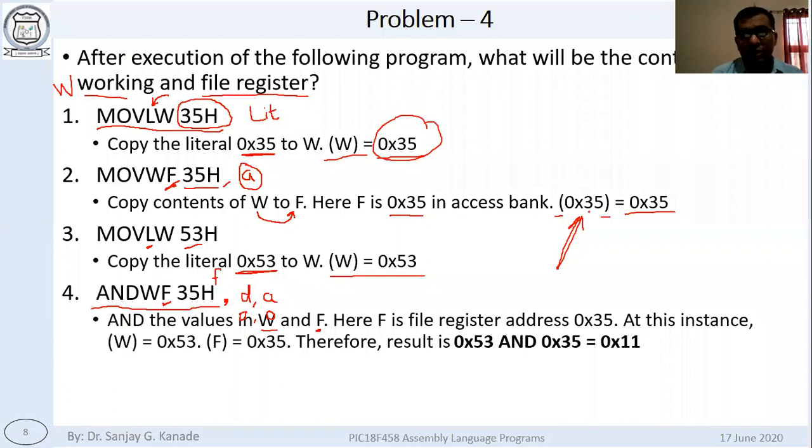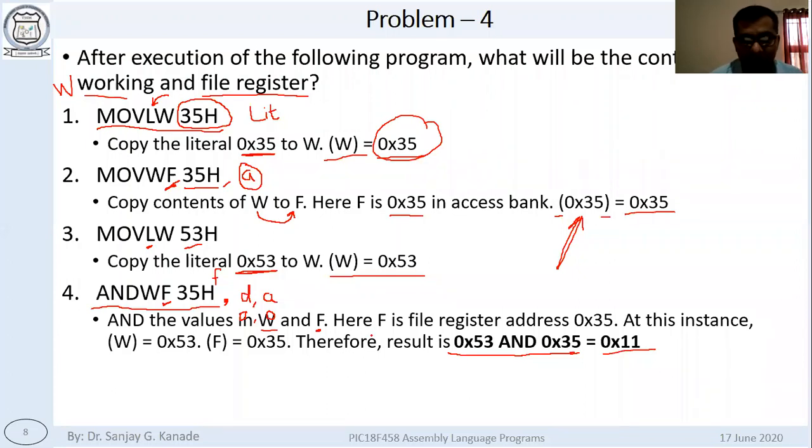What is the value in this register? 35H. And what is the value in W? 53H. So after execution of this instruction, the result will be 53 AND 35. You can calculate this, it is 0x11.